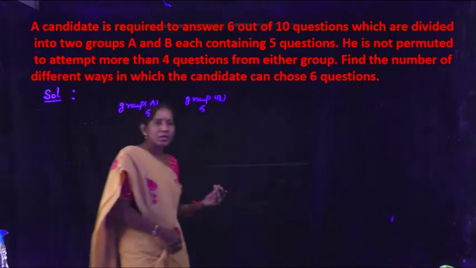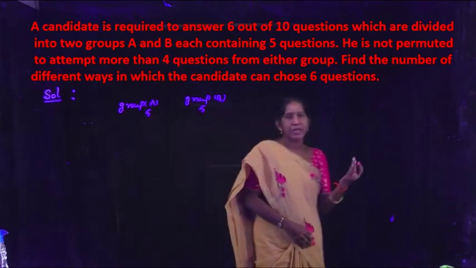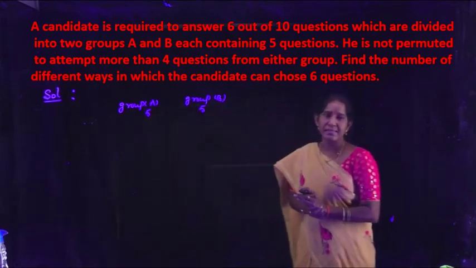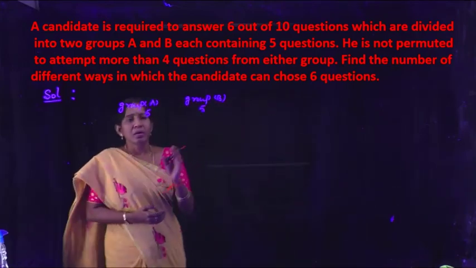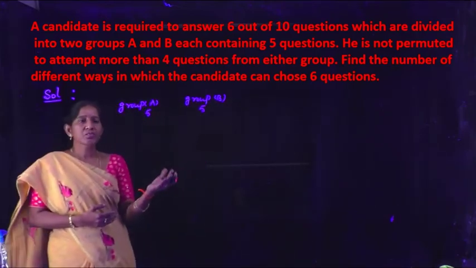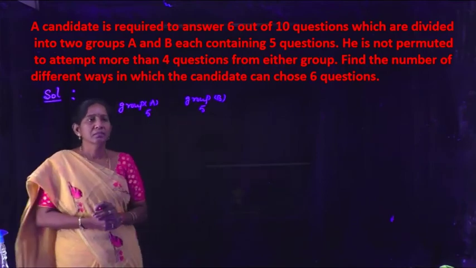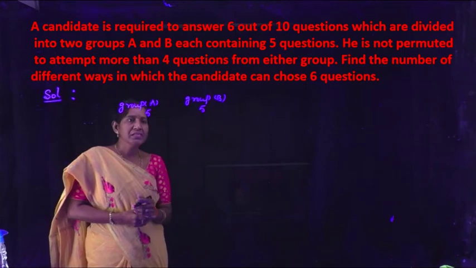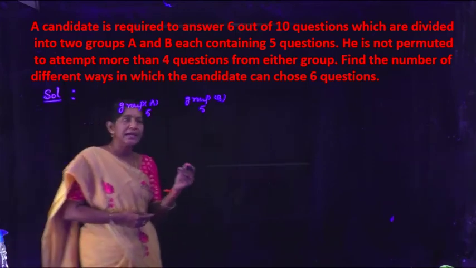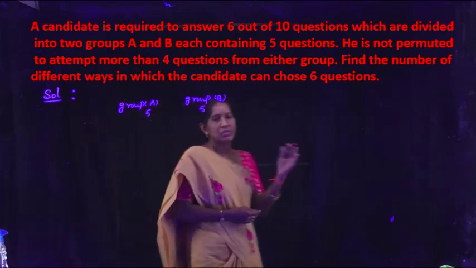He is not permitted to attempt more than 4 questions from either group. So, not more than 4 questions, we have to select the questions. Find the number of different ways in which the candidate can choose 6 questions.